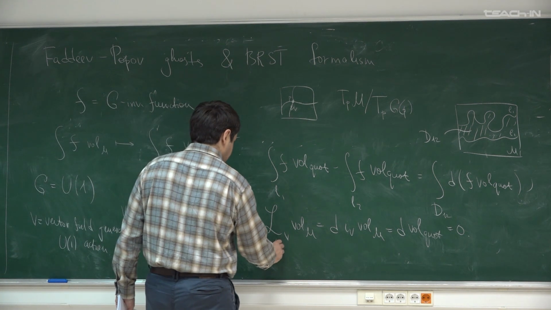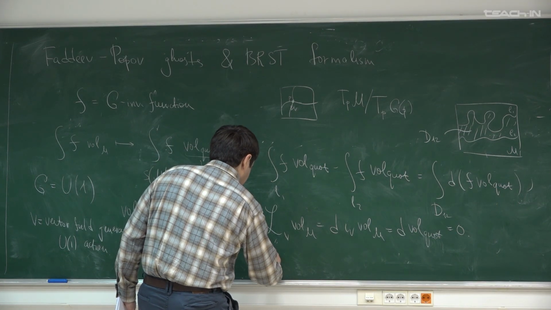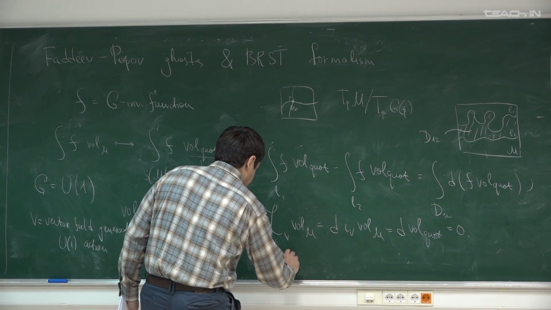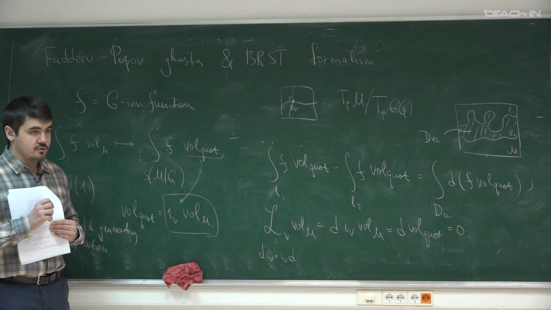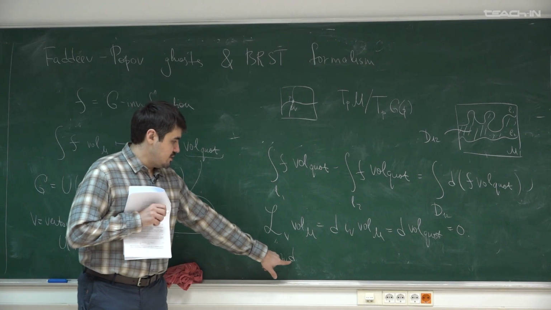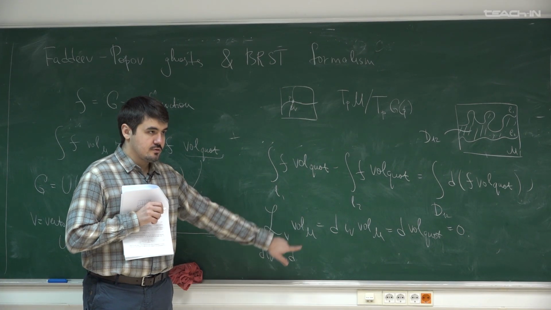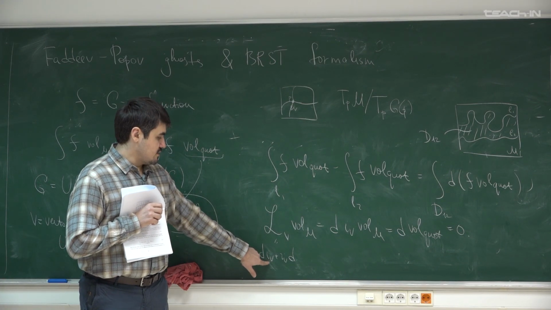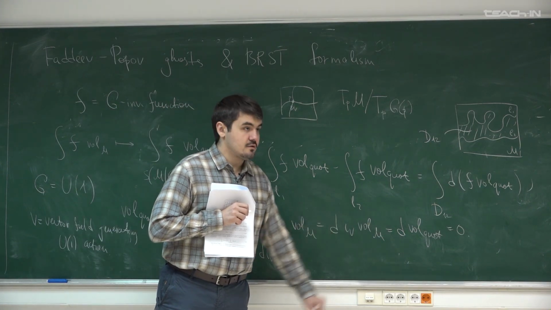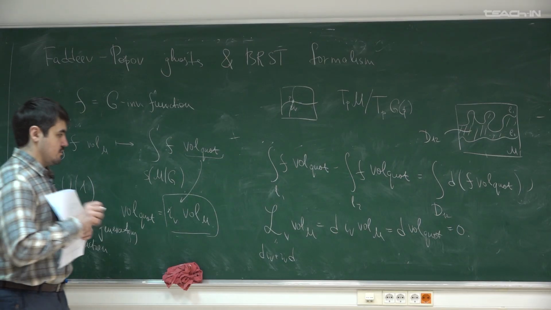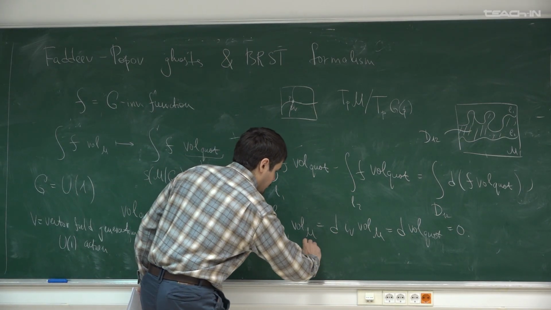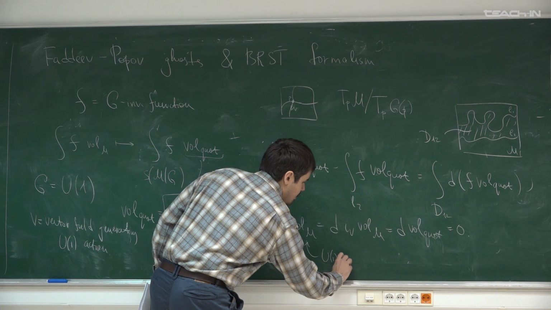So the Lie derivative is d of the contraction with the vector field plus the contraction of d. Just the general expression for the Lie derivative. So d of the volume form gives 0 by dimension. So one is left with this, and this is precisely the derivative of this new form, and that has to be 0, because this is an invariant form. So this is U1 invariant.